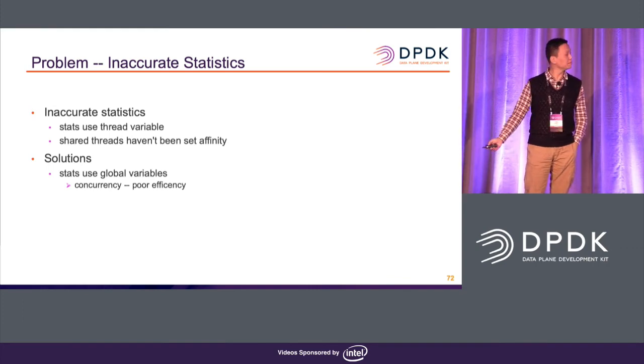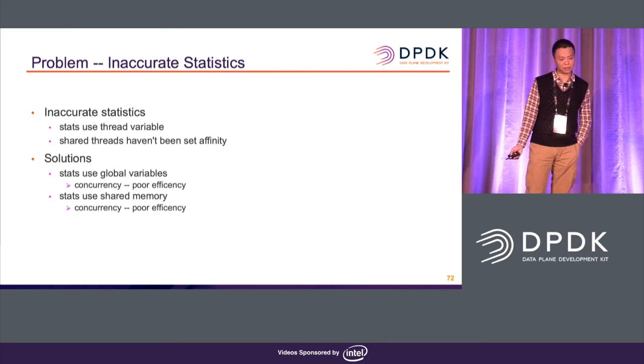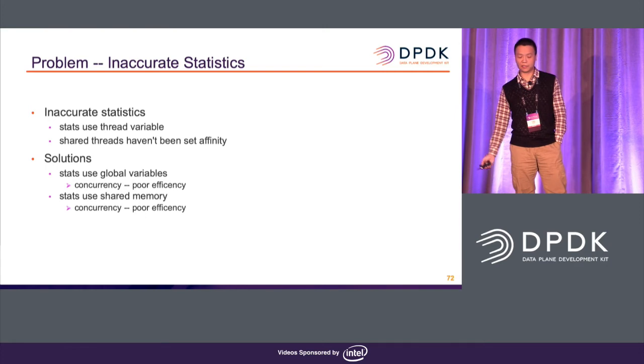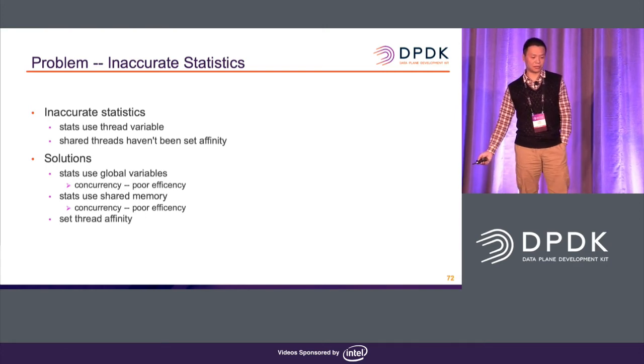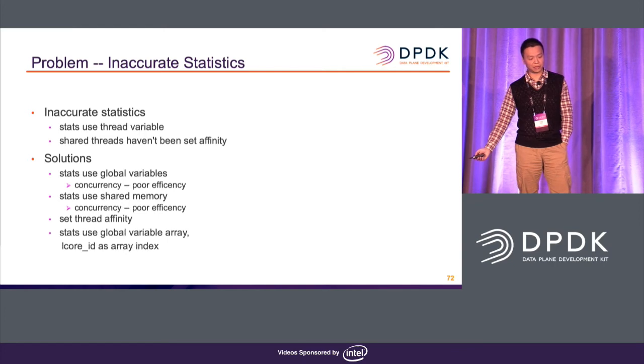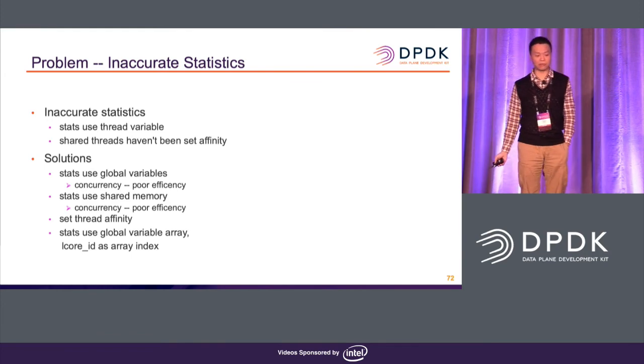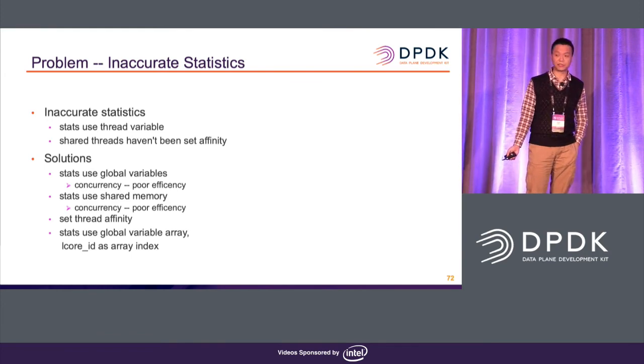The second is maybe we can use shared memory, but this has poor efficiency. What we chose is to set thread affinity and use a global variable array with the lcore ID as the array index. That is, trade space for time.